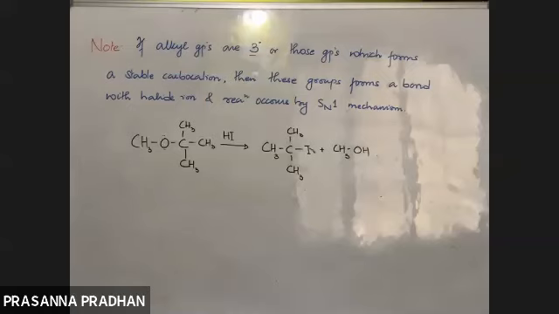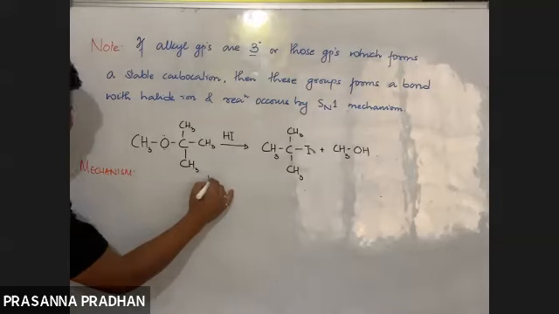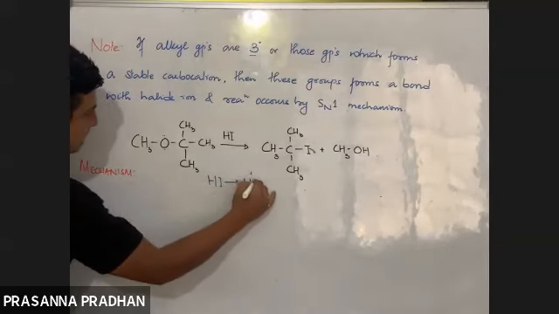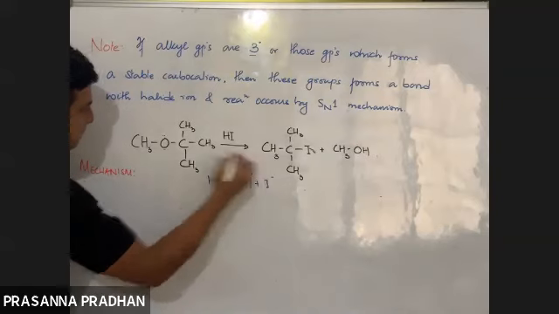Now let us see how the reaction occurs. The first step is going to be the same. Here we have HI, which again dissociates to give us H positive and I negative.